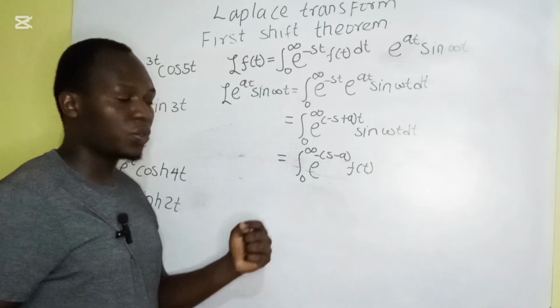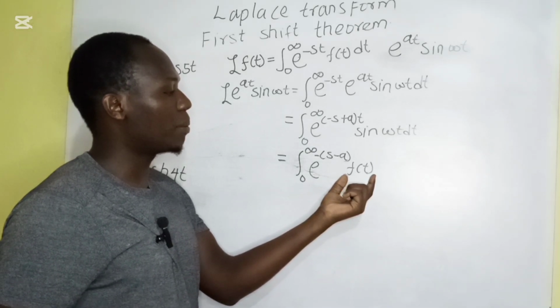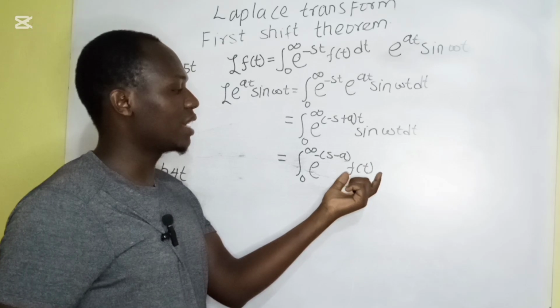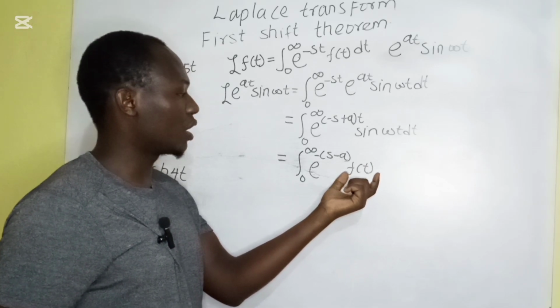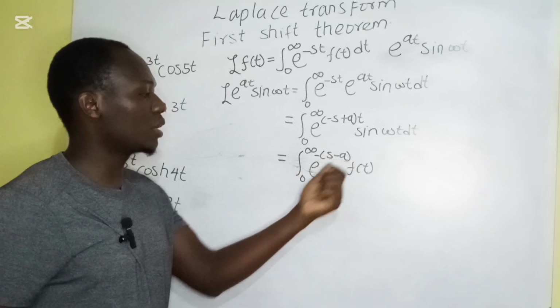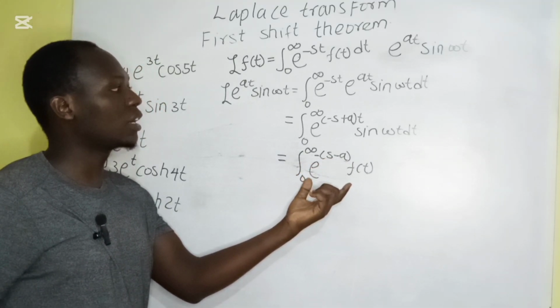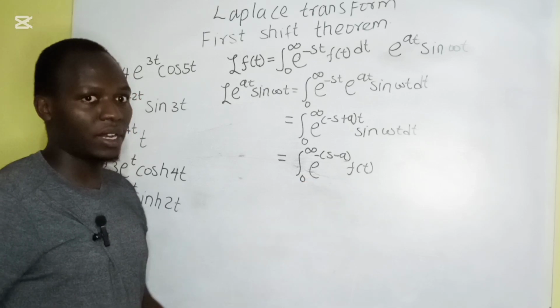It depends on whatever we've been given. That means you first get the Laplace transform of our function f of t, but when you check, it is being shifted with respect to the term of a after carrying out our integration and inserting our limits.